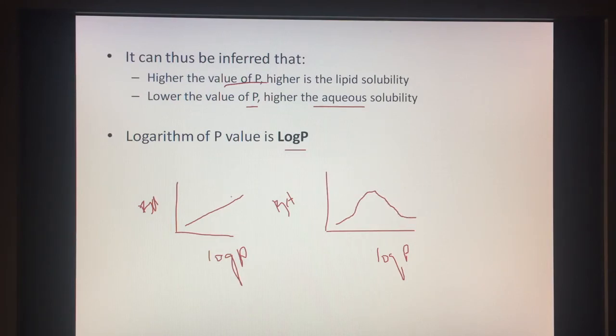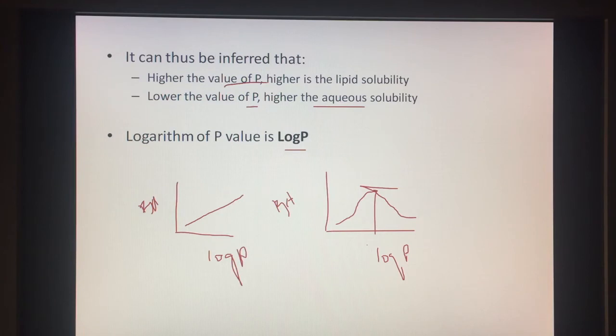This is a linear relationship between the activity and the log P value, and this is the parabolic relationship. In this case, as we increase the log P value of a drug, the activity also increases, but only up to a certain point. After that, if we further increase the log P value, the activity decreases.